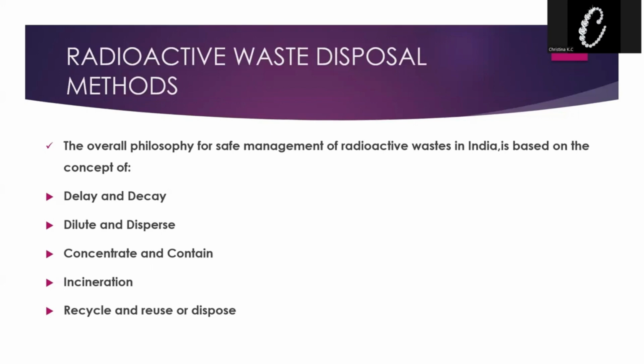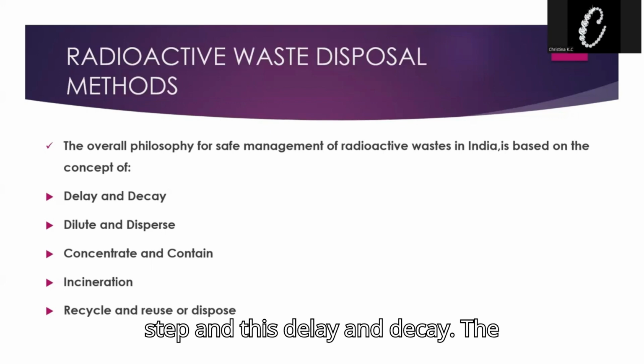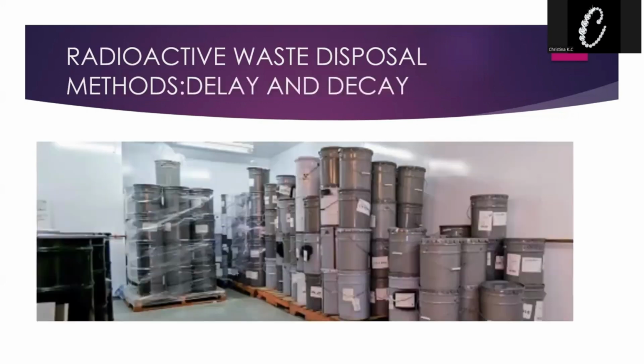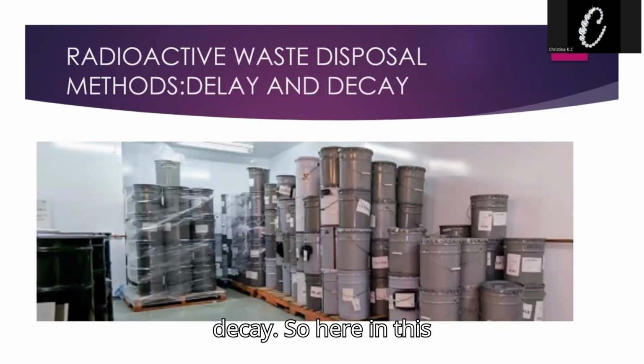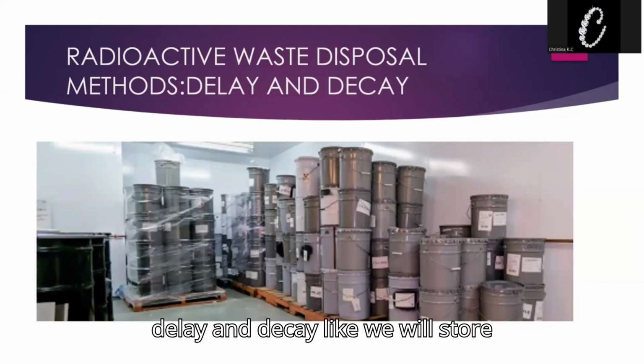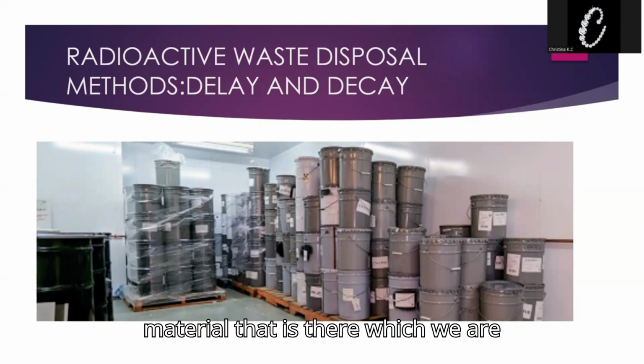So what is delay and decay? That is the first step, and the name itself tells you. In delay and decay, we store short-lived material and allow it to decay to levels below the exceptional levels, with half lives of less than a month.